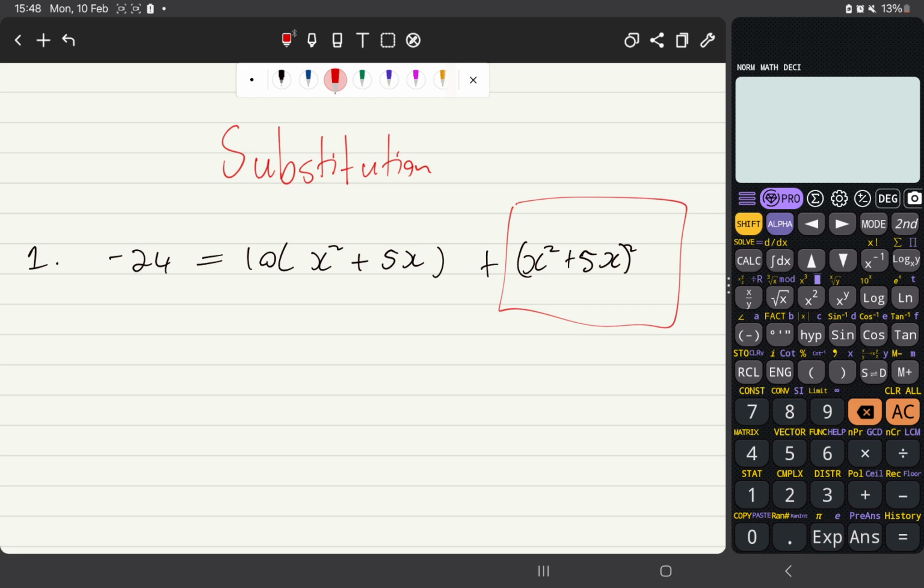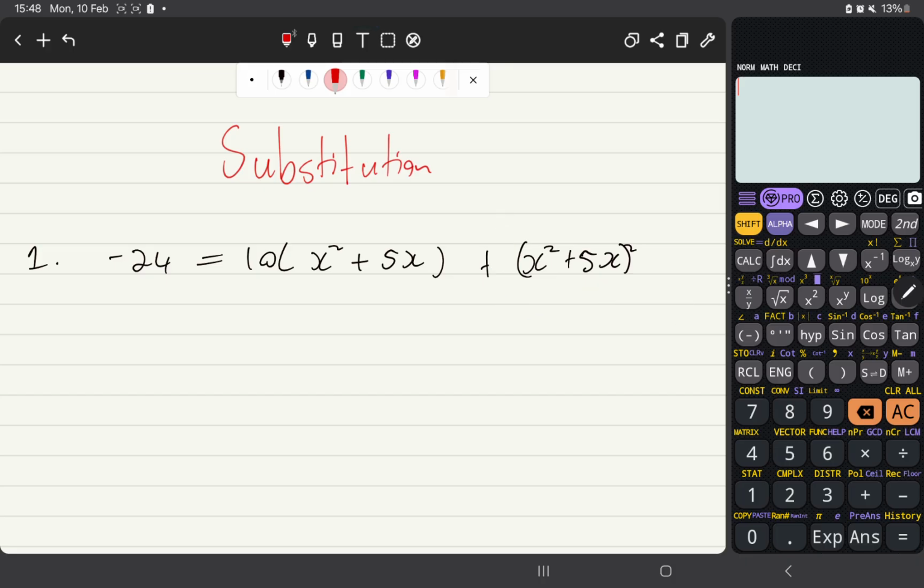Now imagine you have x to the power of 4, x to the power of 3, x to the power of 2, in one equation. At the moment, we haven't covered that section yet, and I don't think we actually do in grade 11. So we're going to use this concept of substitution to help us with such problems.